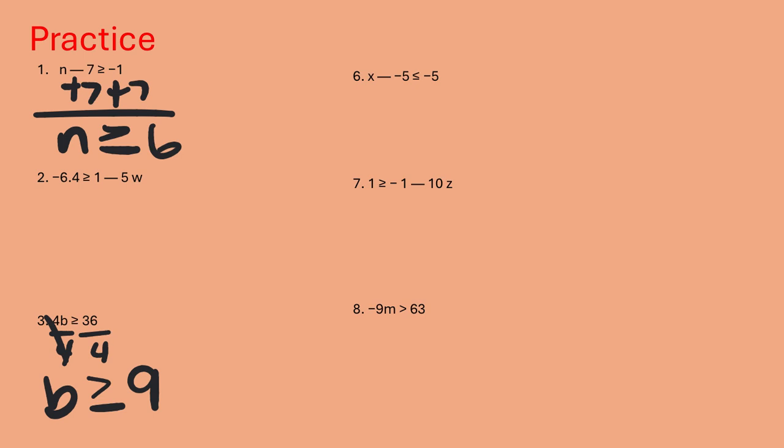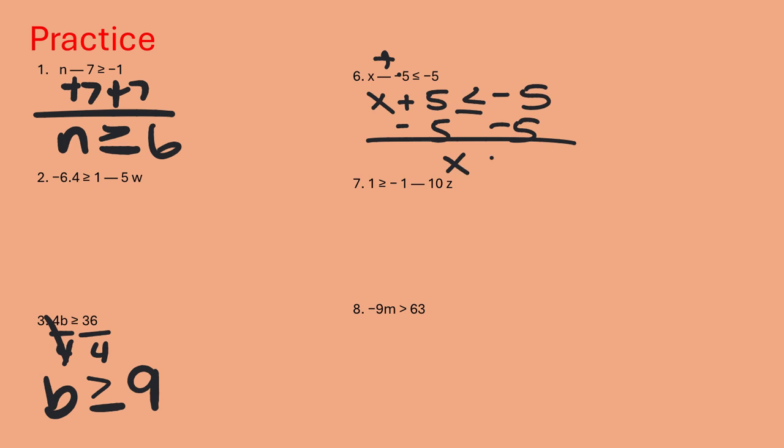Number 6, we have a minus sign with a negative sign there. What do we do there? We subtract by 5 on both sides, but remember that this becomes a positive. So we have x plus 5 is less than or equal to negative 5. Now we subtract 5 from both sides.